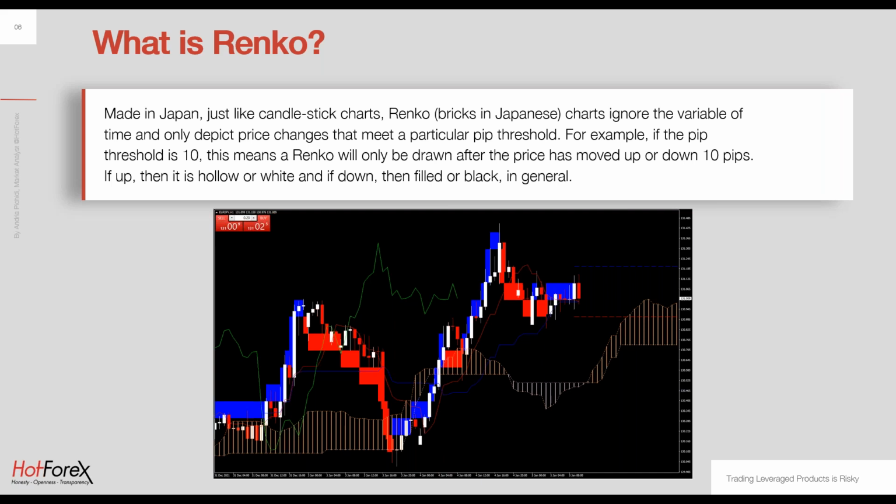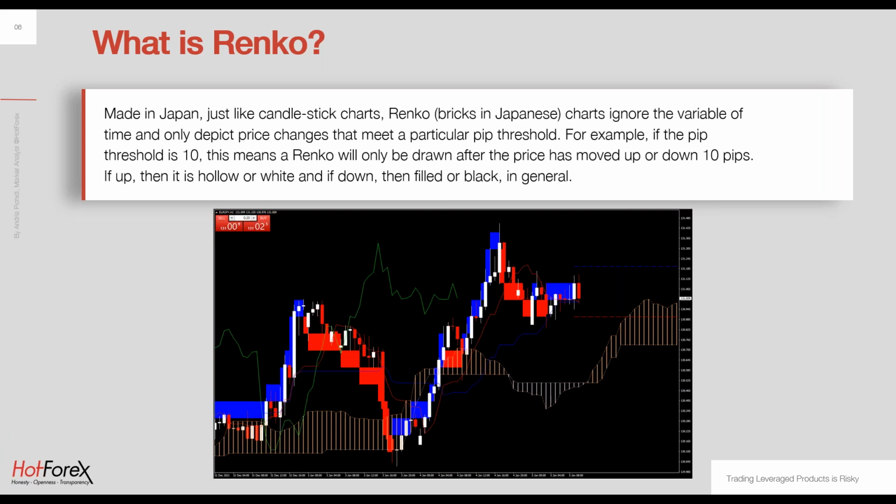It shows you the trend clearly because all movements that are smaller than the box size are filtered out. Remember that Renko charts typically only use closing prices. That's why we say that they filter out any kind of noise.